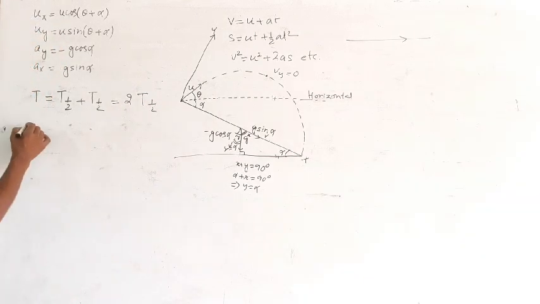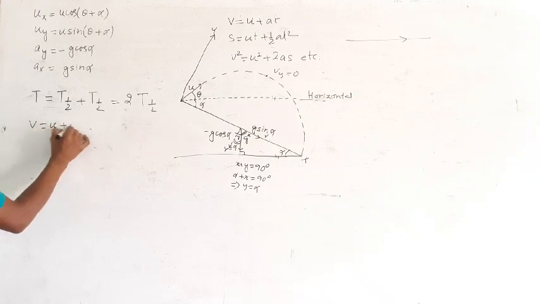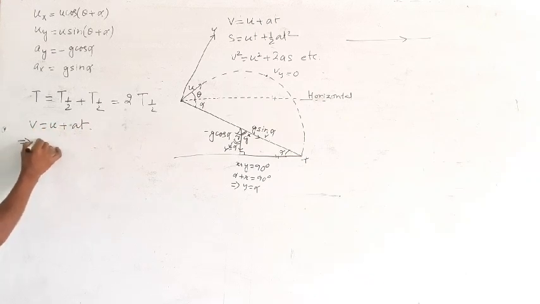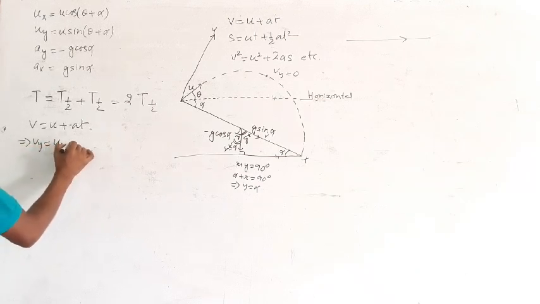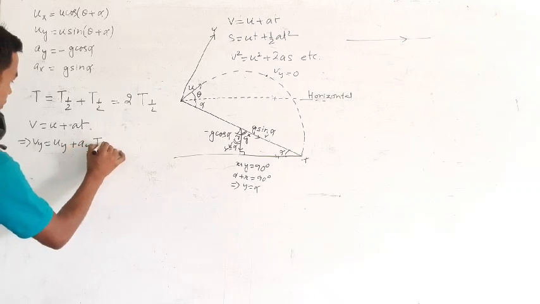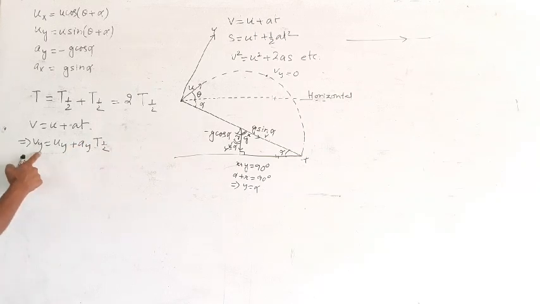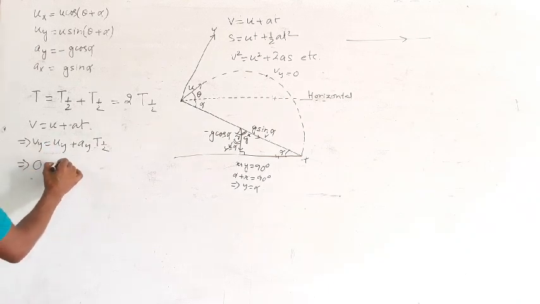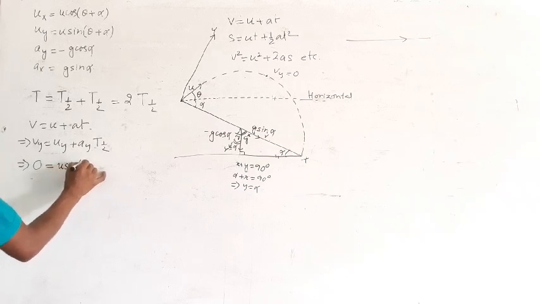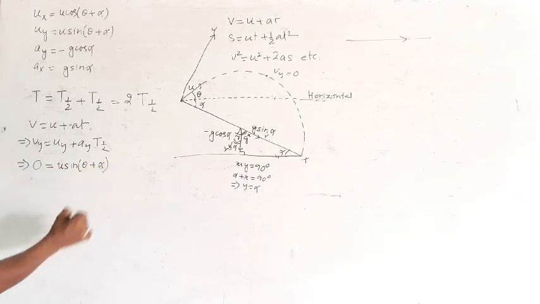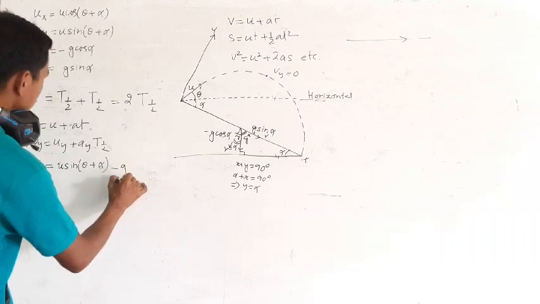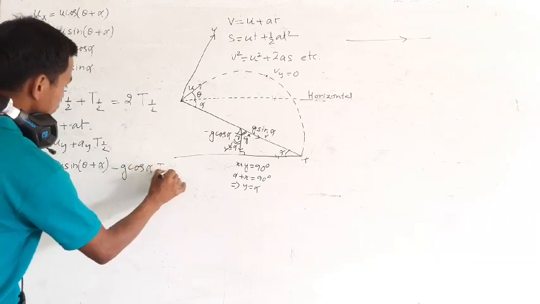So v is equal to u plus at implies vy, the final velocity along the y direction, is 0, equal to the initial velocity along the y direction, u sine theta plus alpha, and as acceleration is minus g cos alpha, into t half.